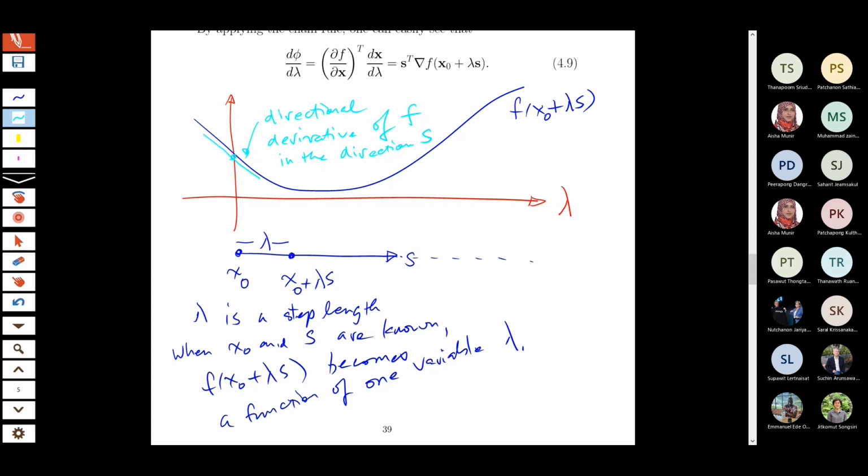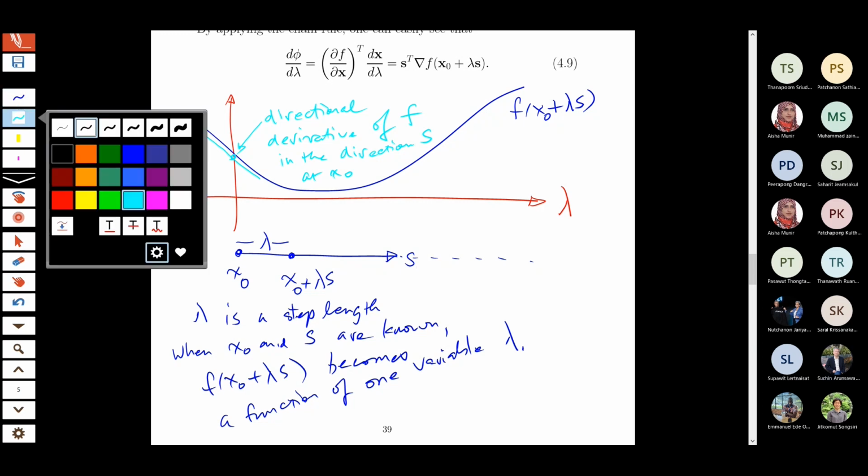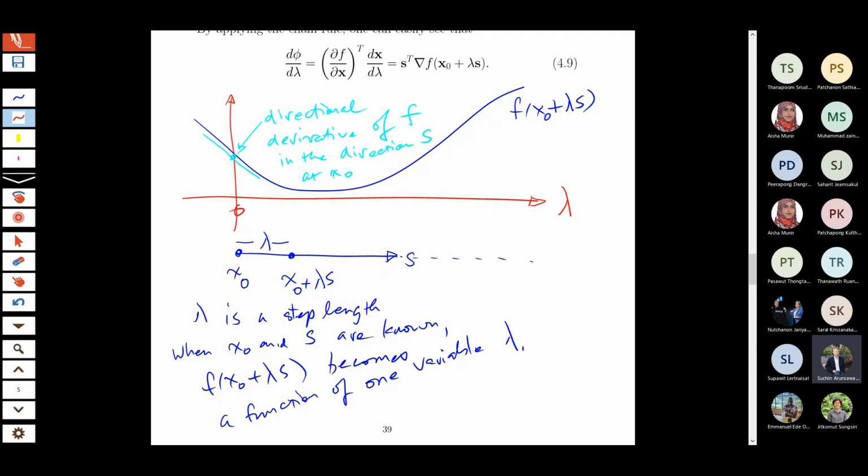S at the point x naught. Am I right? And this is where lambda is 0. Am I right?